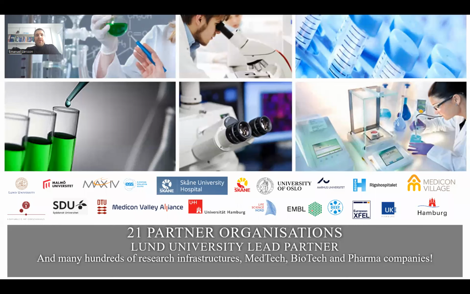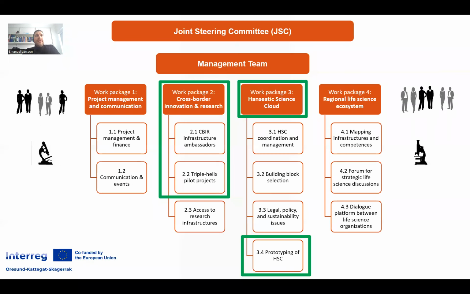There are 21 partner organizations in HALRIC, ranging from academia, large-scale research infrastructures, hospitals, let's say platforms that gather industry, such as Medical Village, Life Science Nord, Medical Valley Alliance, and a set of universities. Here is an image showing how the HALRIC project is structured.